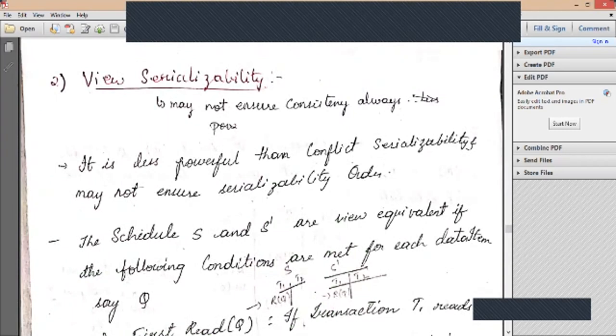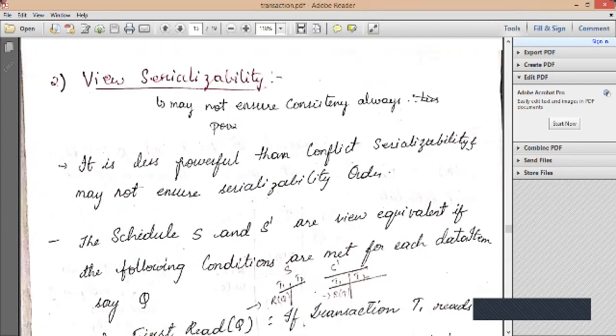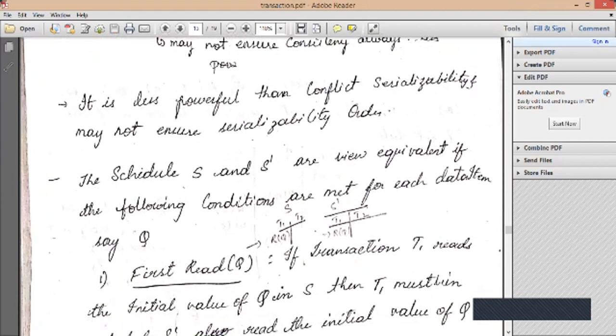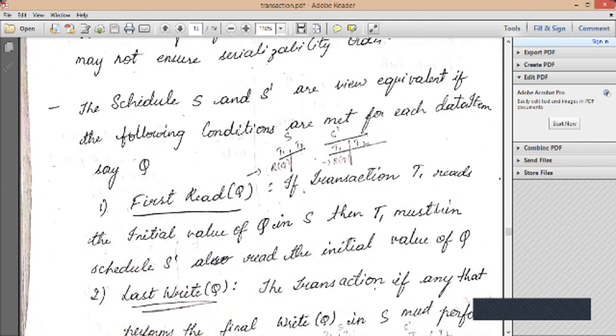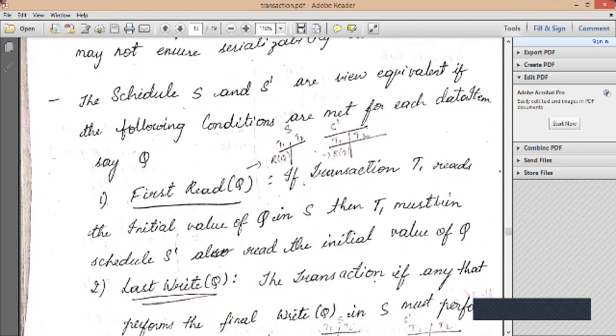Conflict serializability says, with the help of the precedence graph, that if there is a cycle in the precedence graph, then that particular schedule is not serializable. Since it has failed, we shift to view serializability.